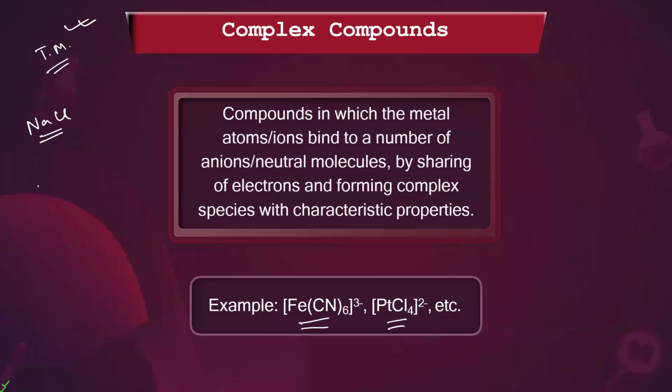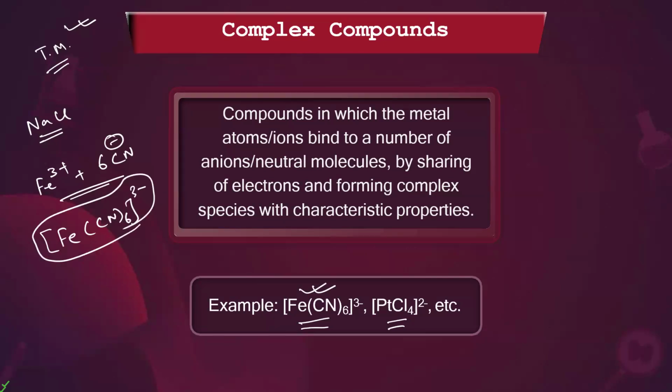But when Fe3 plus gets 6 CN minus, it will form a complex like this, giving you Fe(CN)6 3 minus. These are special properties of transition metals.